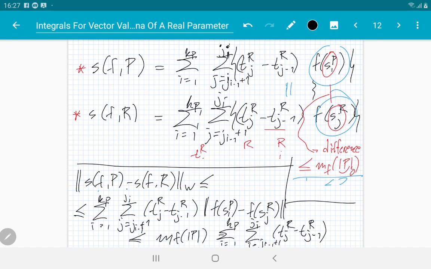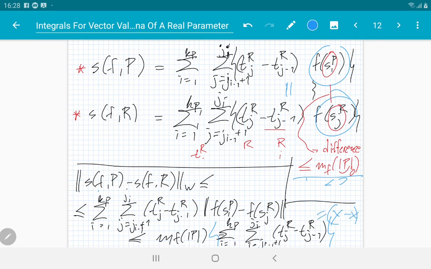And now you have to think a little bit about what the sum is. Remember that before I said this sum that I wrote is just a funny way of writing a sum of all consecutive distances between points of the partition R. It happens that I wrote the sum with a double index, but as I argued before, that's just adding up all the little intervals in partition R. So the whole sum is a telescopic sum, and is exactly equal to the last point, which is y, minus the first point, which is x.